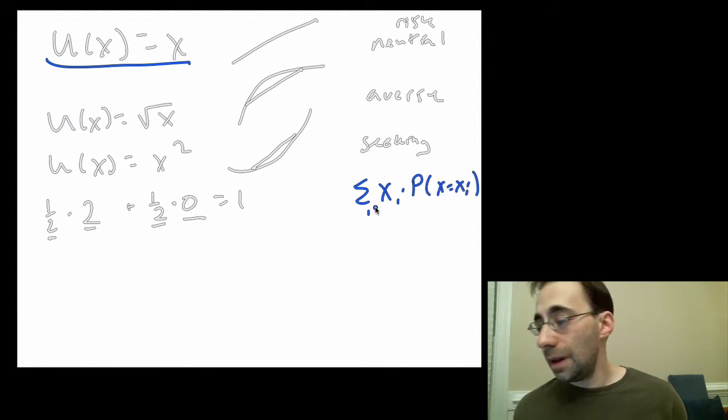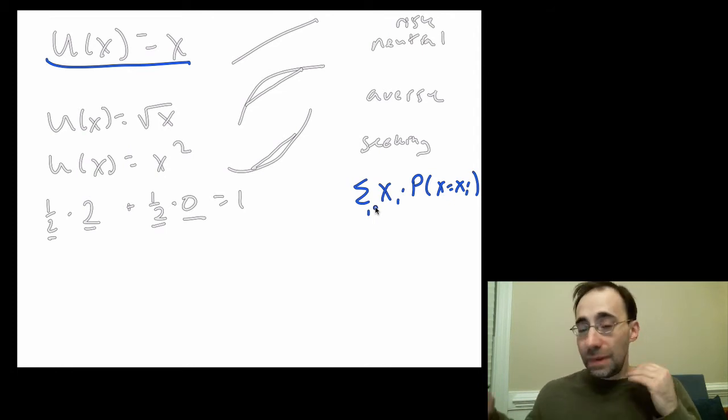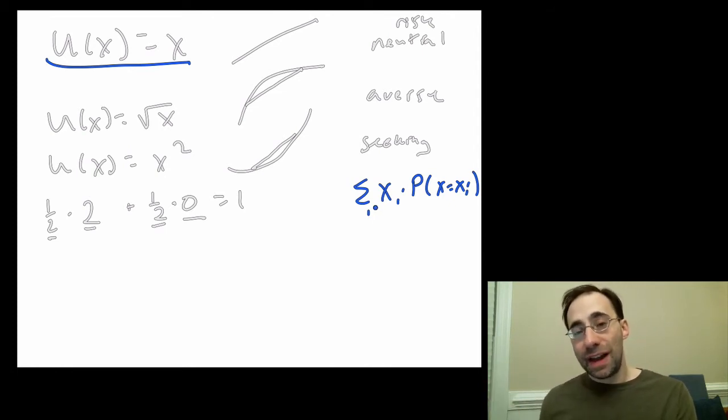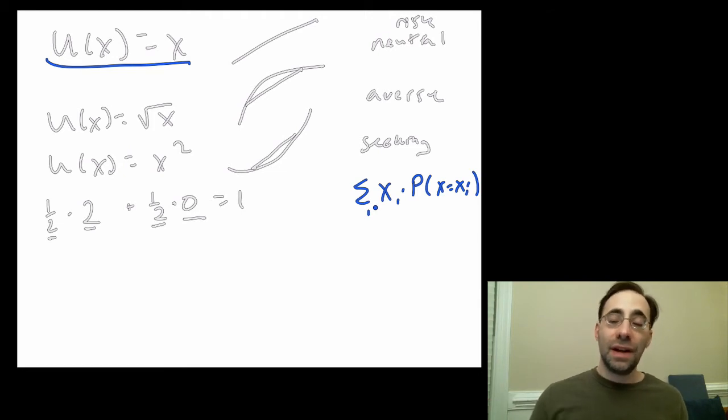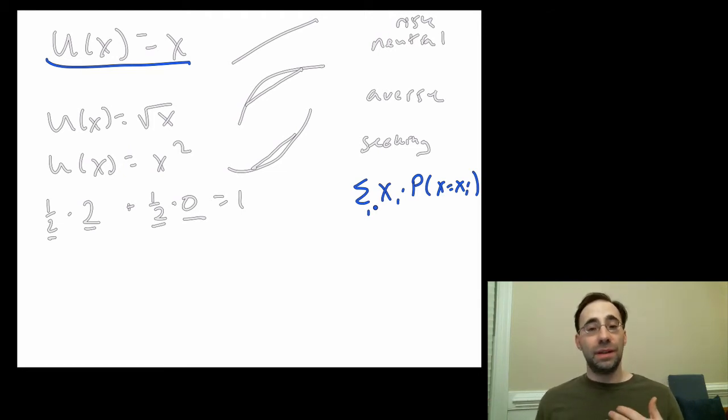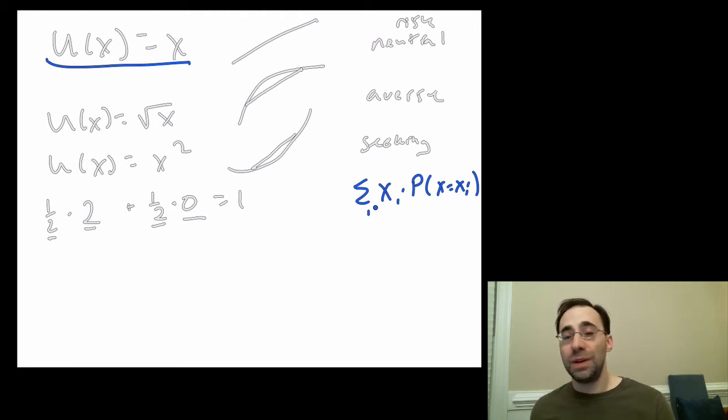Then for the risk neutral person in this case, the expected value is exactly the same as the expected utility, and therefore this person is indifferent between playing the lottery with an expected utility of 1, and someone saying, forget the lottery, I'll give you 1 right now. This person has an expected utility of 1 for the lottery, and therefore doesn't care whether they get the expected utility of 1 from a lottery or a sure thing. They're risk neutral. They don't care about risk.